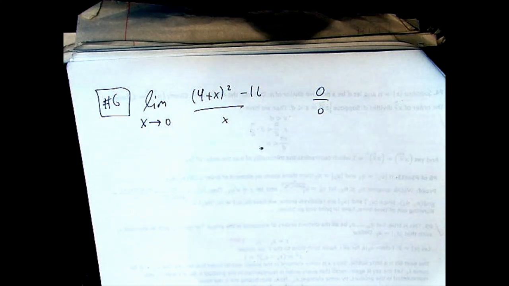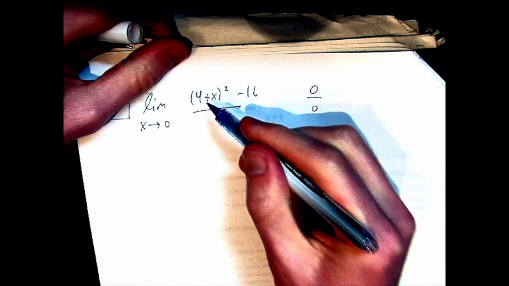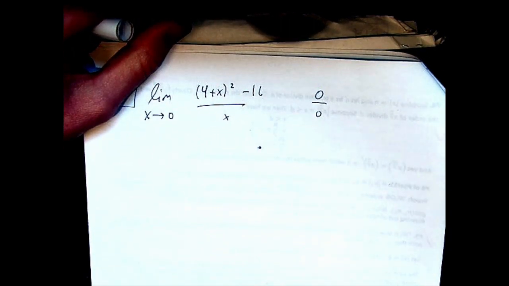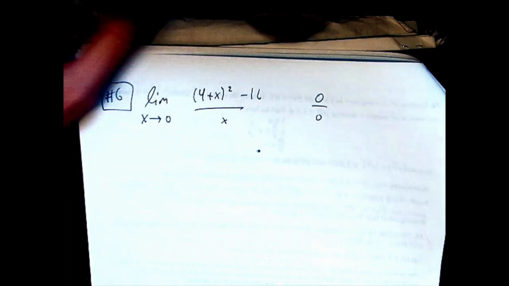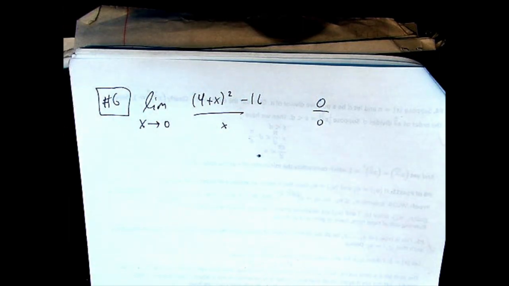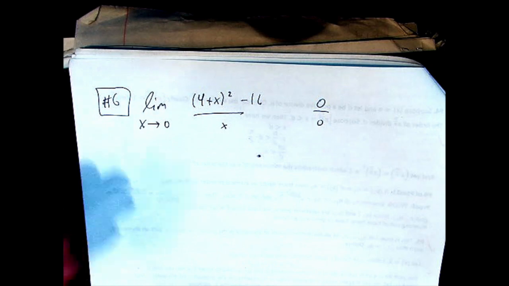But you can FOIL, or if you don't like that word, multiply out, right? This (4 plus x) squared can be multiplied out, and you can collect like terms, and whatever that gives us, it's going to be a rewritten version of the function.